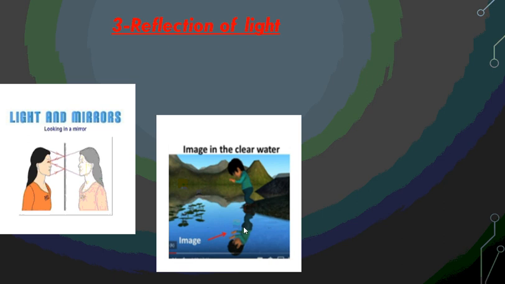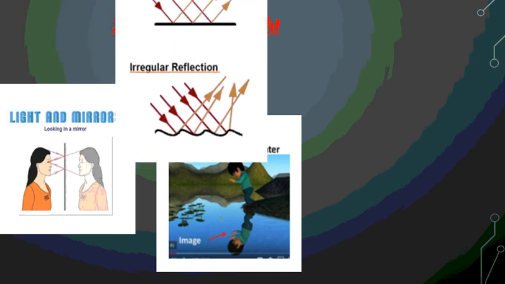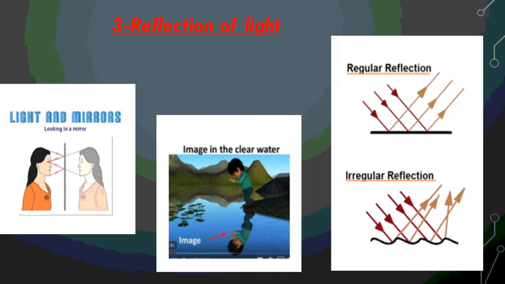So we have two types of reflection. When light falls on a regular or smooth surface like the mirror, the light is reflected in a regular direction. This is called regular reflection.